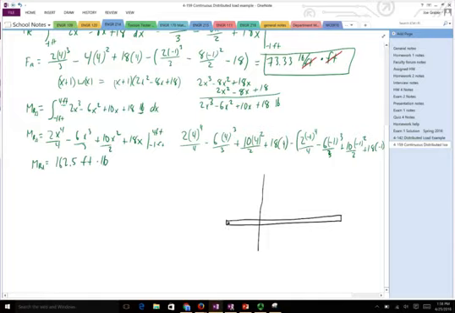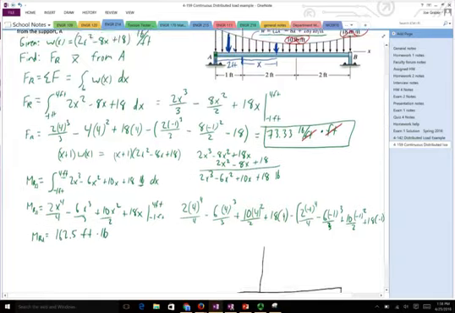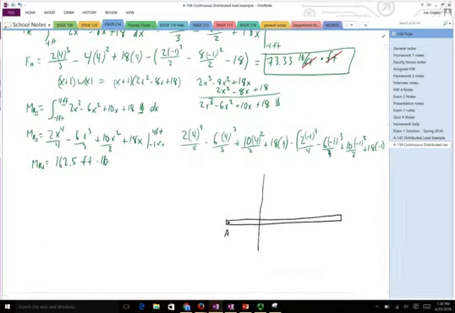Our shaft, this is point A over here. It looks like it has bearing supports at A and B. And we know that we're going to put our distributed load somewhere. We just need to know where. Well, if we're going from point A, we know that the moment about A has to be 162.5 foot-pounds.